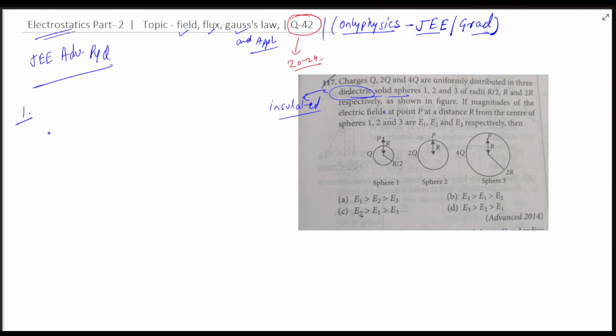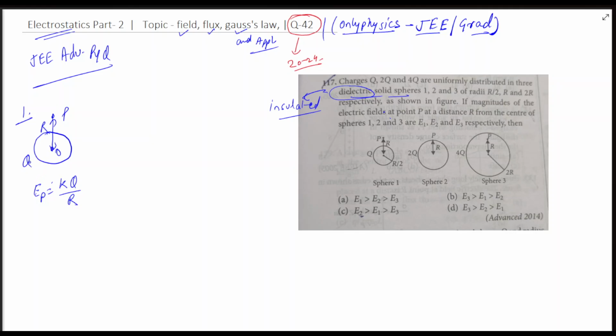So let's have a look at sphere 1. This is our point P, this is r, and this is our center O. Now, we know the electric field at any point outside the sphere is kq by r square.